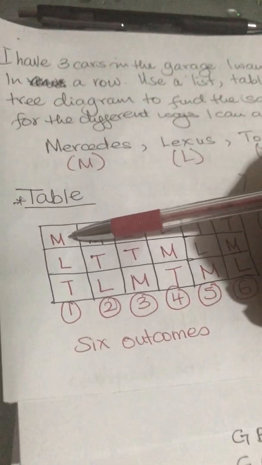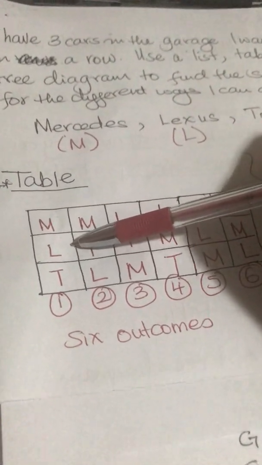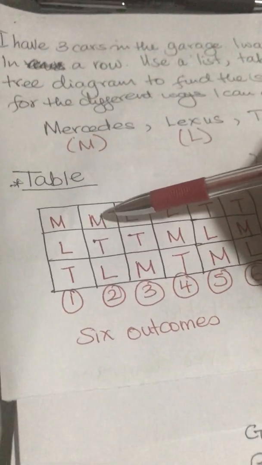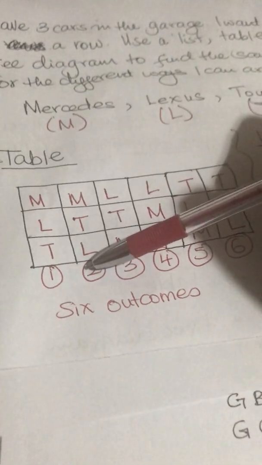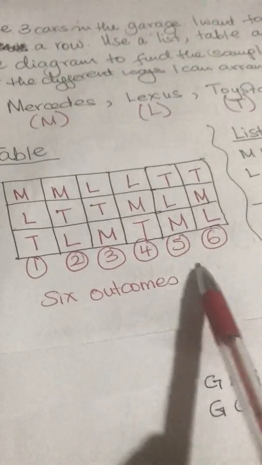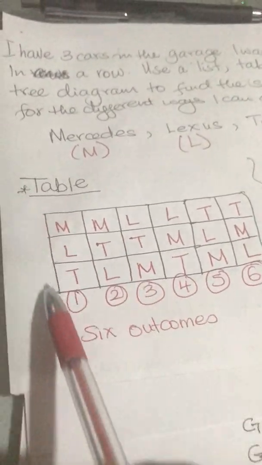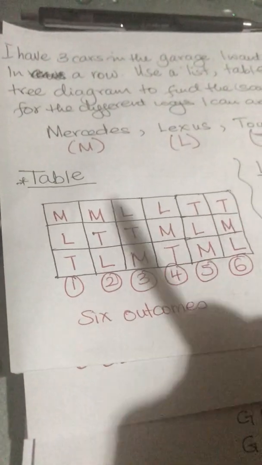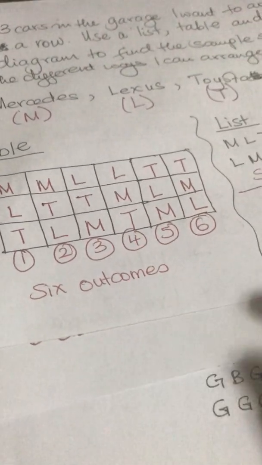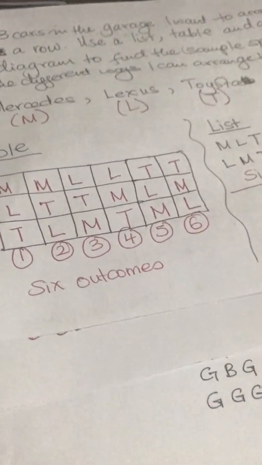Here I am starting with the Mercedes, followed by Lexus. It is not the same when I have Mercedes, followed by Toyota. They are different. So that's why my answer is 6 outcomes, and this is how I arrange them in a table. Now, your table can be horizontal or can be vertical. It depends with you how you arrange them. Okay?